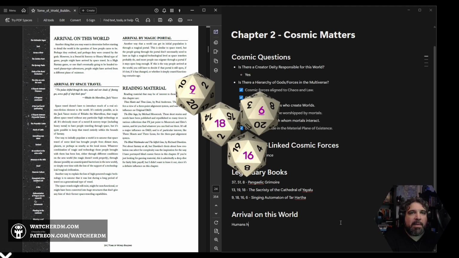Humans came here on a generation ship. It arrived as planned, but 1,000 generations later than expected.